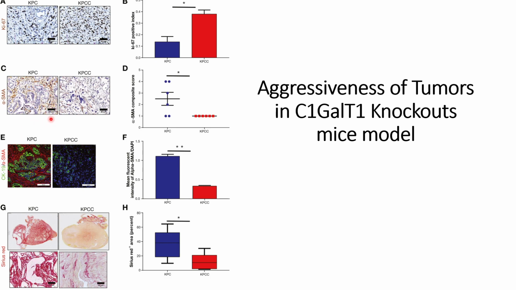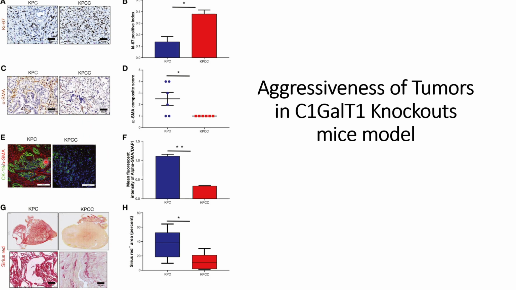Surprisingly, they have seen that the stroma is low in the KPCC mice compared to the KPC mice, and this is also validated by the quantitative results of these fluorescence images. This indicates that there is less presence of stroma in the case of these KPCC cells. One rationale behind this could be that because of the high proliferation of the tumor cells, they will not be able to provide time for the stroma formation.